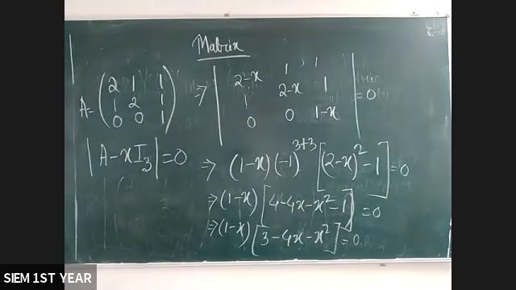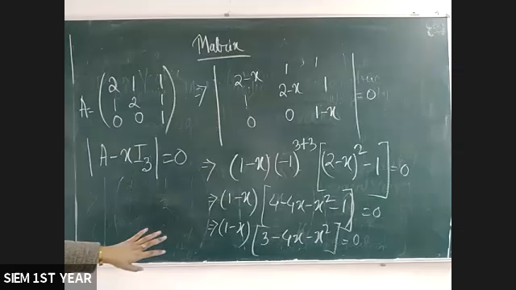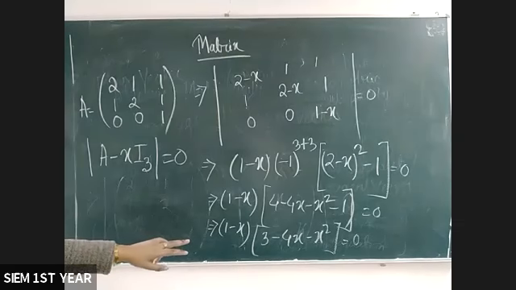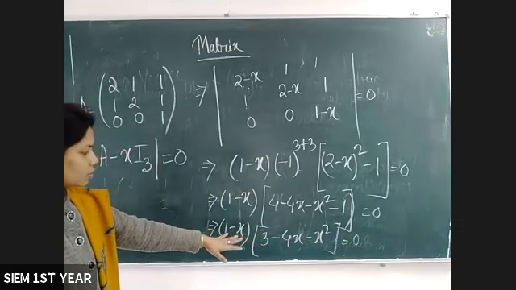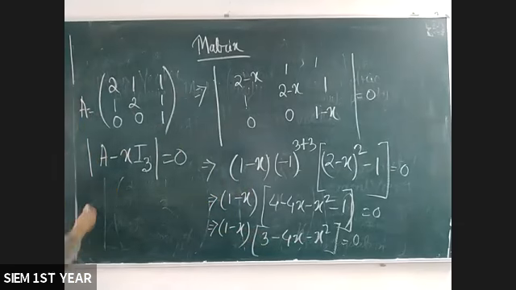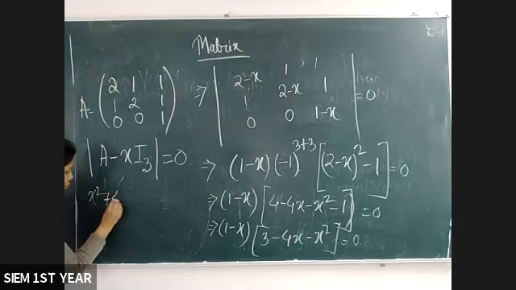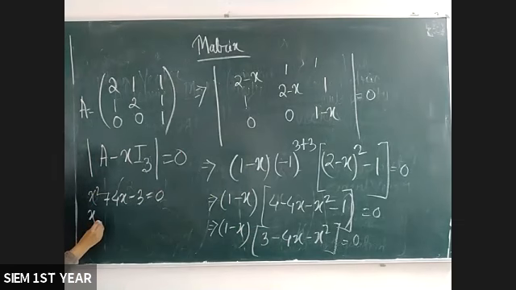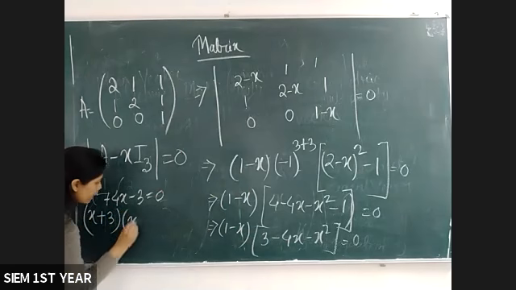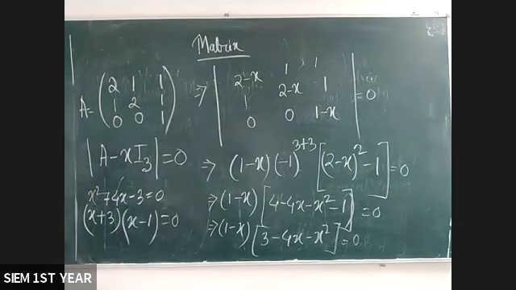Now you have to just consider the factorization. 3 minus 4x minus x square, you can write this as x square plus 4x minus 3 is equal to 0. If you now factorize this, what will you get? x plus 3 into x minus 1.